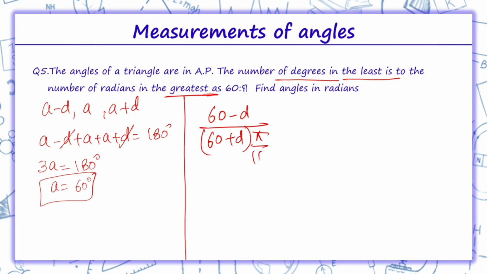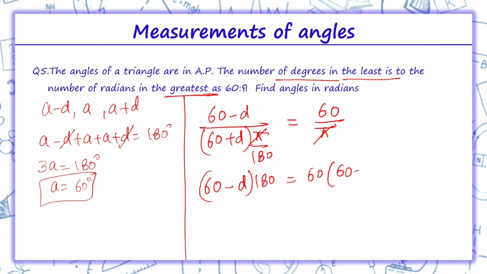So it will be pi by 180. The ratio is equal to 60 is to pi. So this pi and pi will be cancelled out. We'll then do cross multiplication. 60 minus D into 180 is equal to 60 into 60 plus D. Here 60 and 60 into 3 will be cancelled out.